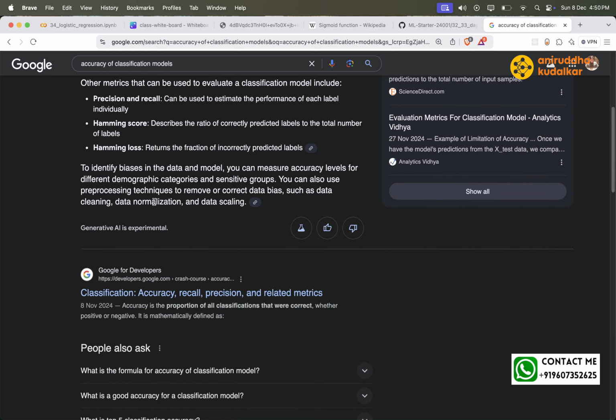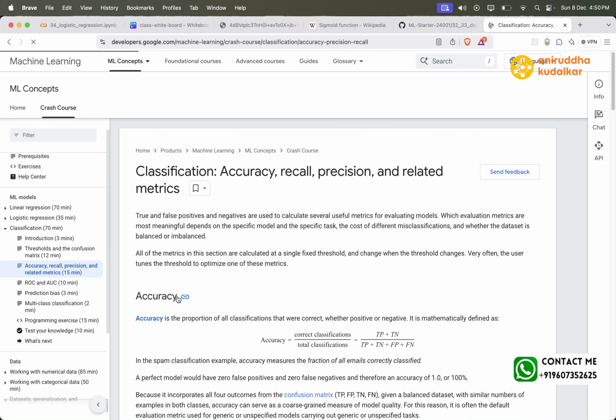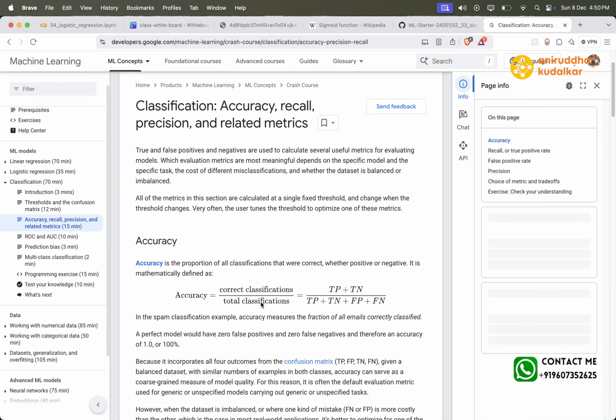When you say the accuracy of classification, just go here. The accuracy is correct classifications upon the total classifications.